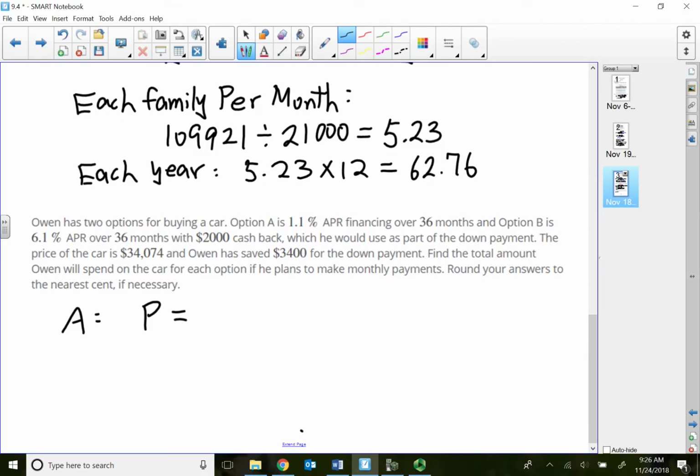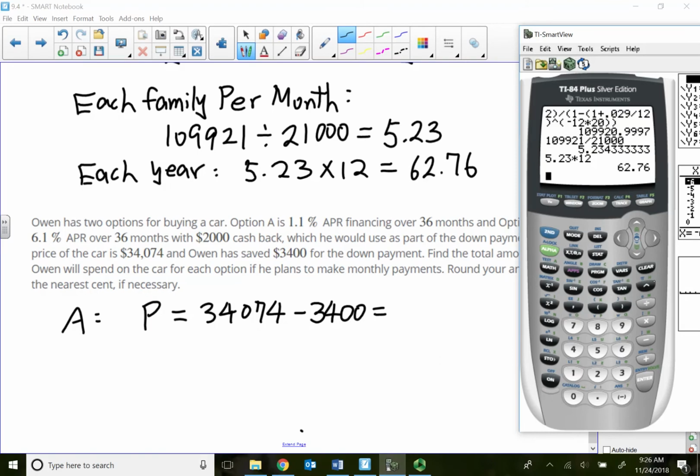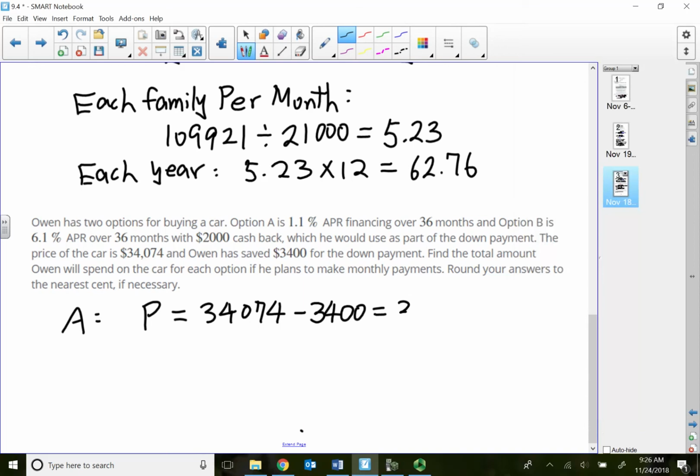So the amount he will finance is going to be $34,074 minus the down payment. So let's see what that is. 34,074 minus 3,400, and that will be $30,674.